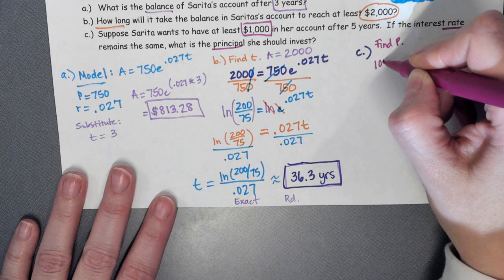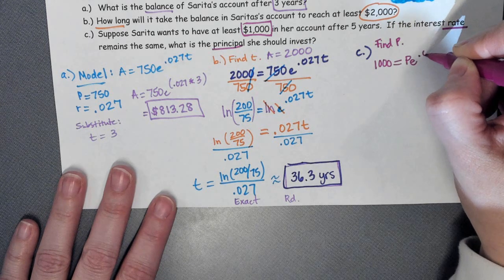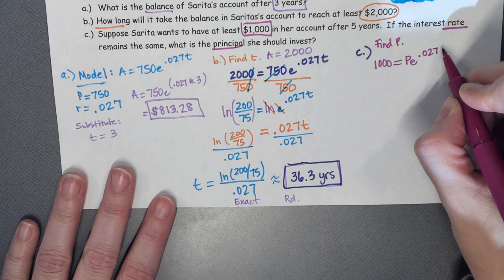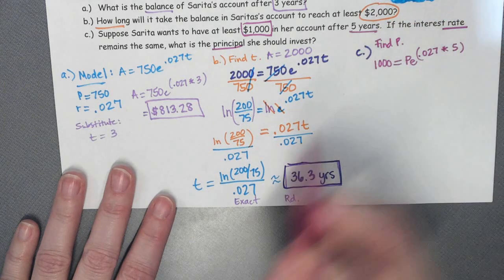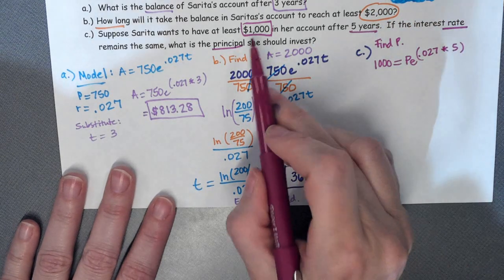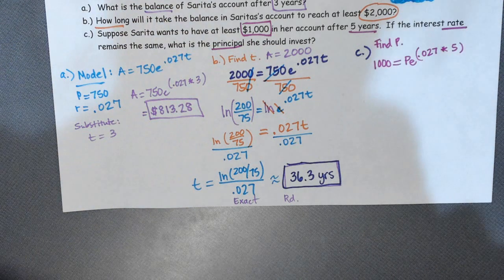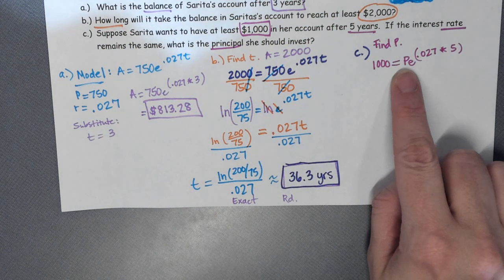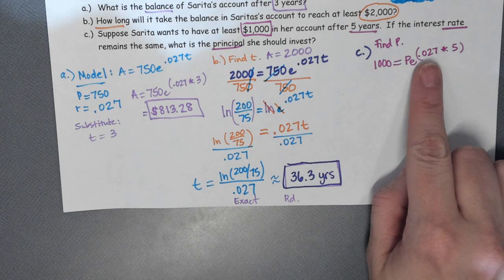A. So 1,000 is equal to Pe^(0.027t). They said they kept her same rate, and what's going to be your value of t? 5. Good. So you have 5 years, so that's your time. This is your amount. If you want to get P by itself, the only thing you have to do is divide by e to this power.